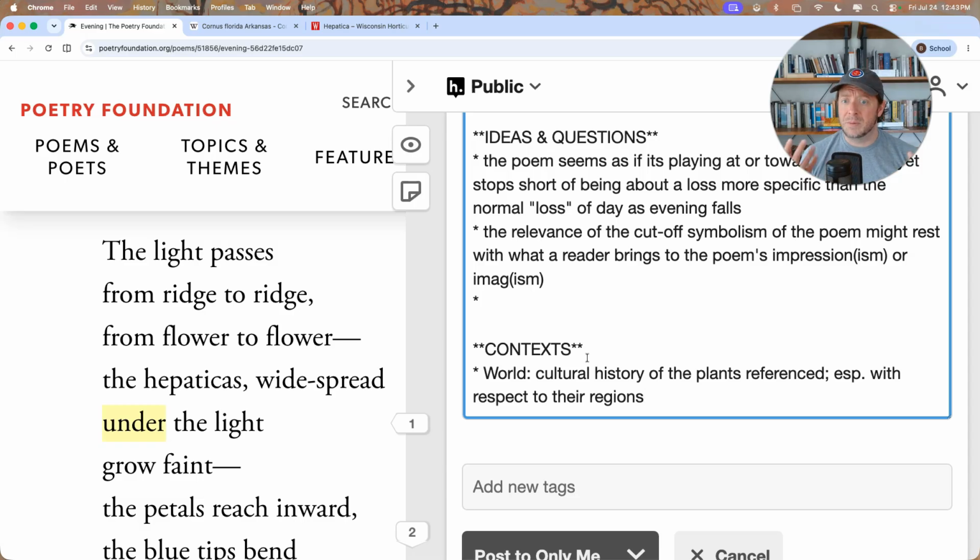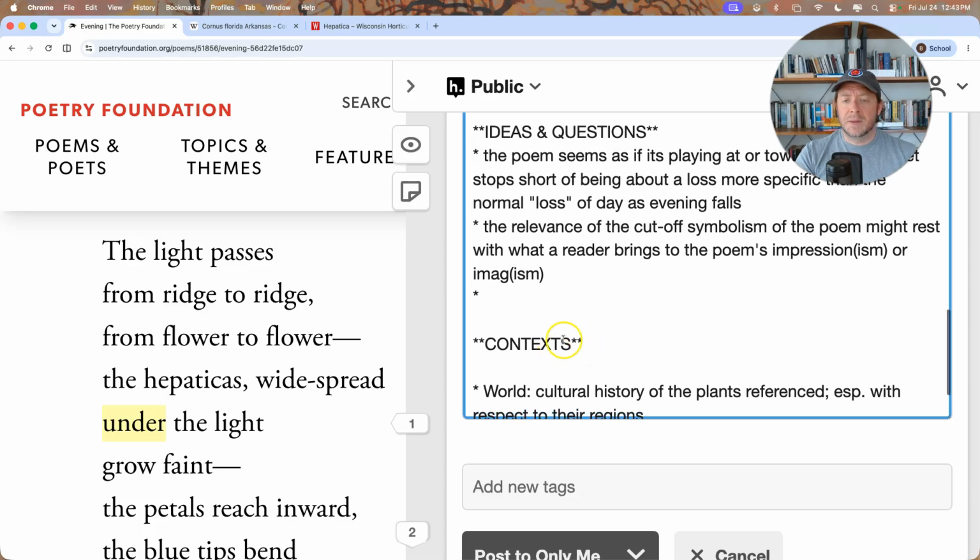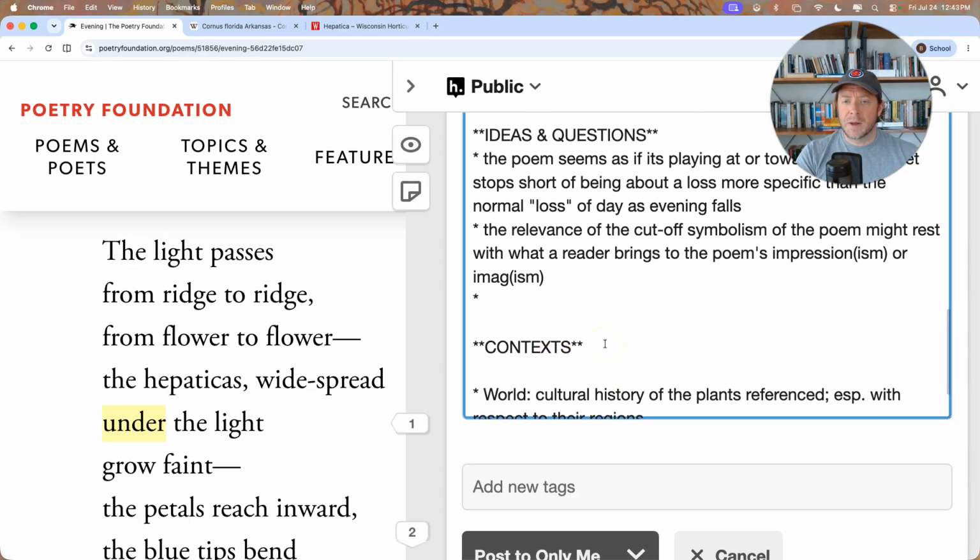I think they're both North American plants. The Hepatica it said was Northern Hemisphere, but certainly also present here in North America. So that might be something to look into as part of the context.